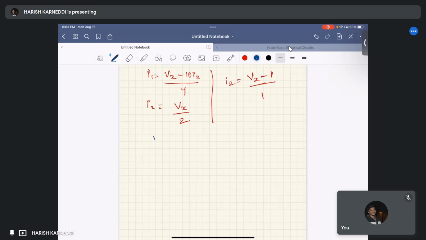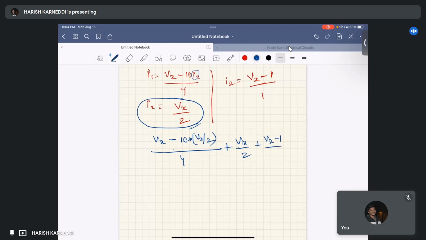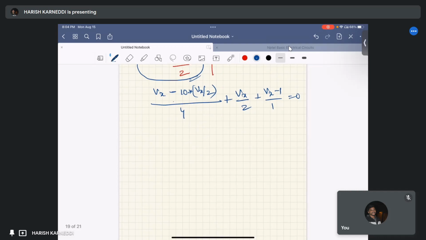So Vx minus 10 into Vx by 2, instead of Ix I am substituting this Vx by 2, by 4, plus Vx by 2 plus Vx minus 1 by 1, that equal to 0, right?